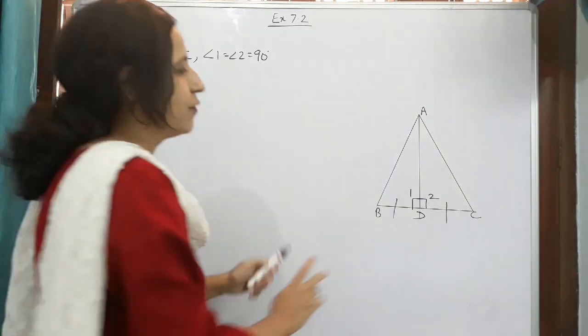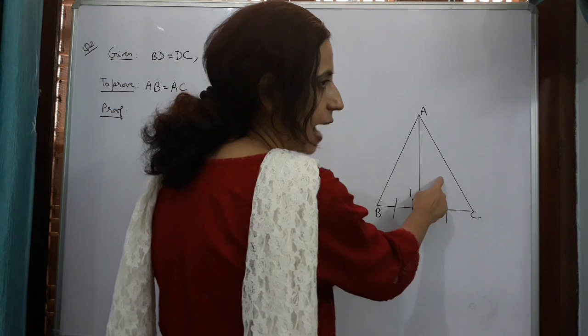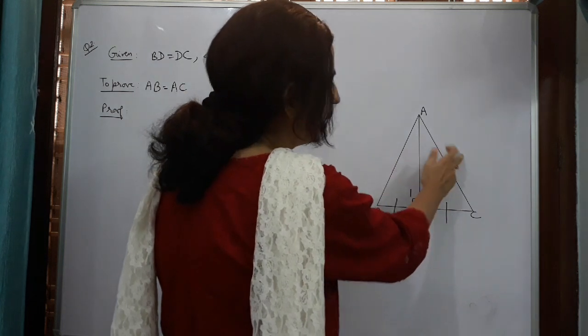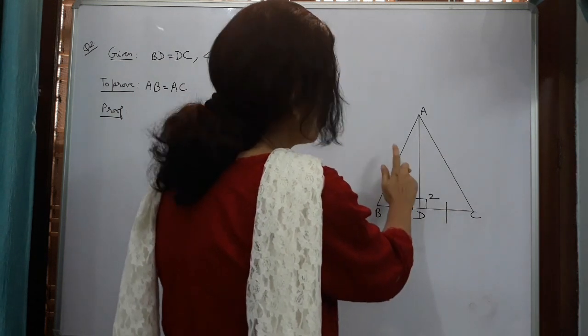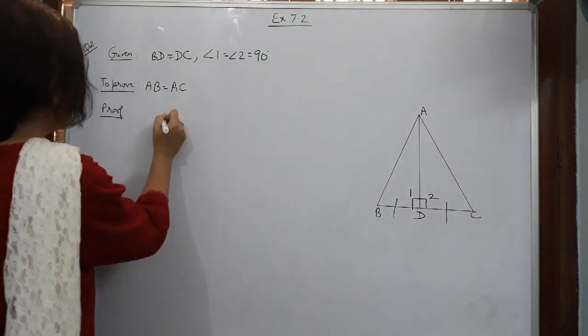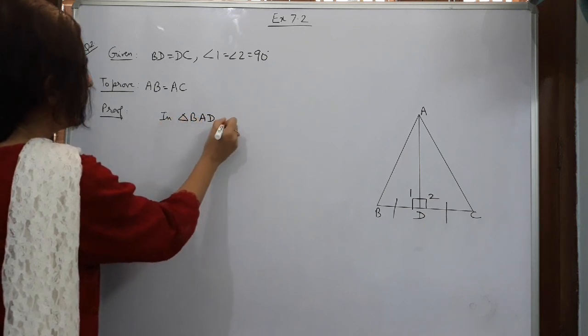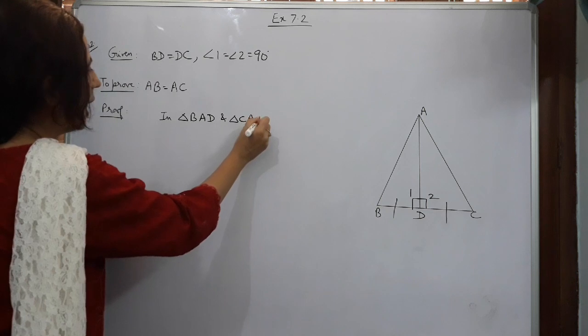So again what we will do, we will take these two triangles, prove them congruent, and if the triangles are congruent, then by CPCT we will obtain that AB is equal to AC. So we take triangle BAD and triangle CAD.